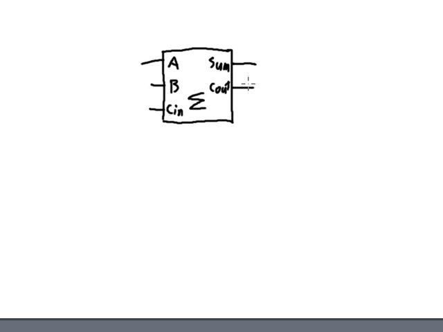And this only does a single bit, but now these things can be cascaded together to give us whatever number of bits we want. I'm going to flip it another direction, but each one of these boxes is a full adder.